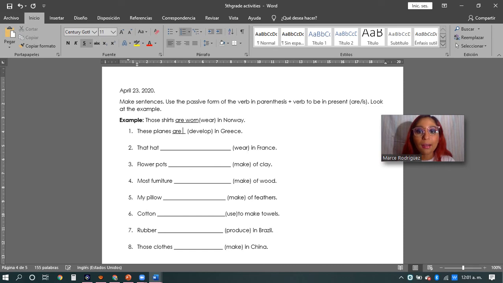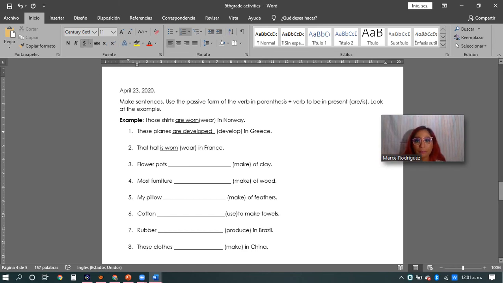These planes are, the past participle form of develop, I said is regular, so we are going to do developed in Greece. Number 2, that hat, it is singular. That hat is, remember that the past participle form of wear is worn in France, okay? So that's the same you are going to do.